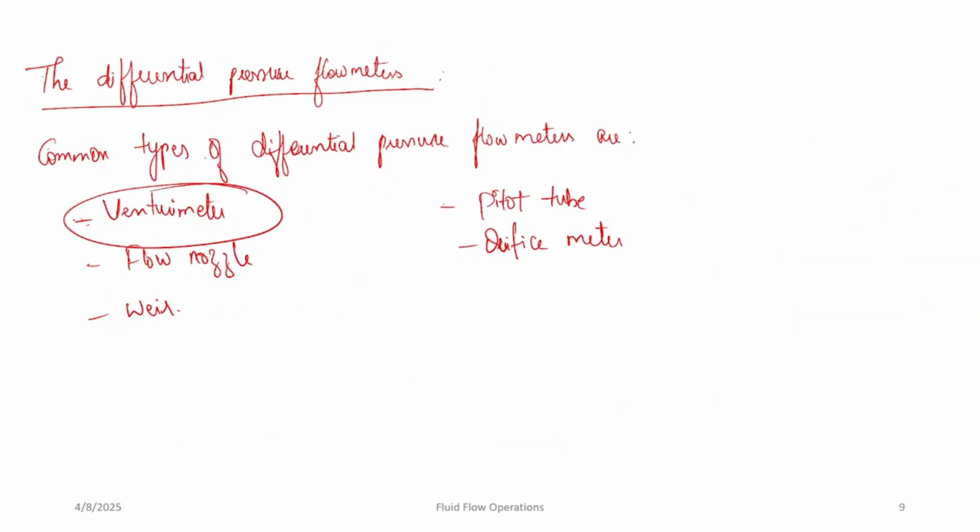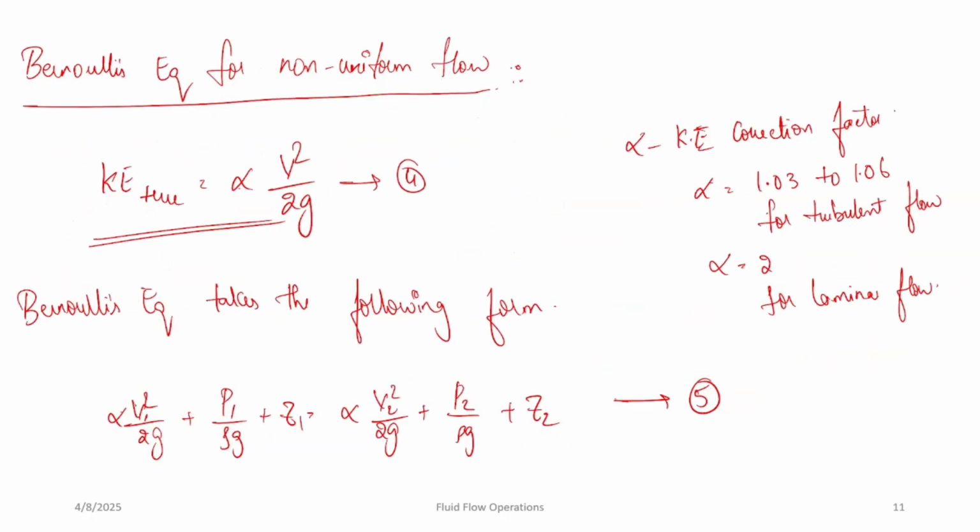Now let's understand the first differential pressure flow meter, that is the Venturi meter. It is a device where the flow rate in a pipeline is measured by a narrow part of a tube. Let me first draw the Venturi meter. Let's say this is a pipe.